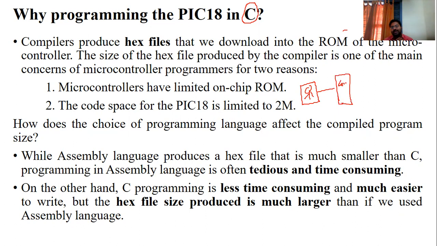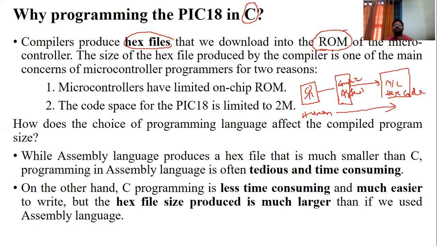There is a compiler or assembler: in C you call it a compiler, in assembly level language you call it an assembler. It converts the human level language to machine level language, also called hex code or hex file. This hex file is downloaded and stored into the ROM of the PIC18 controller.